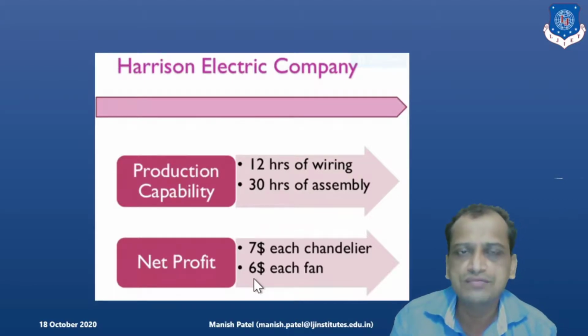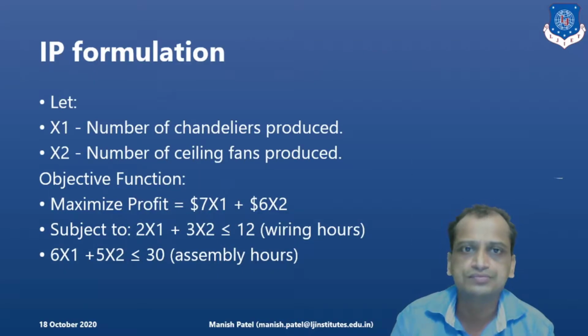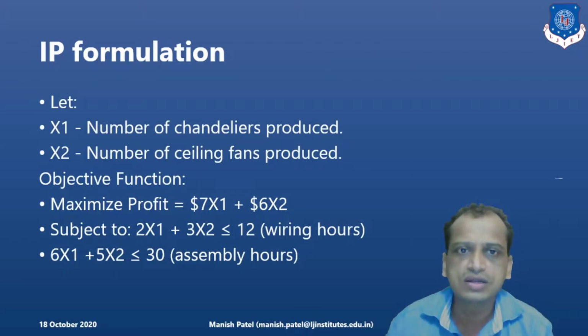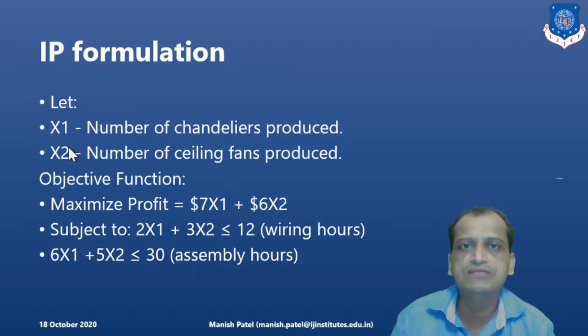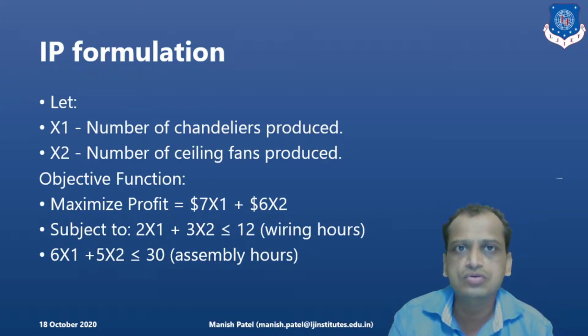Now, if you look carefully here, the decision variables are integers. Why? Because you cannot have fractional values of chandeliers or fans. So definitely this is an integer programming problem. Sometimes when we get the answer, you don't always get integer values. You sometimes get decimals or fractions, which is not allowed.